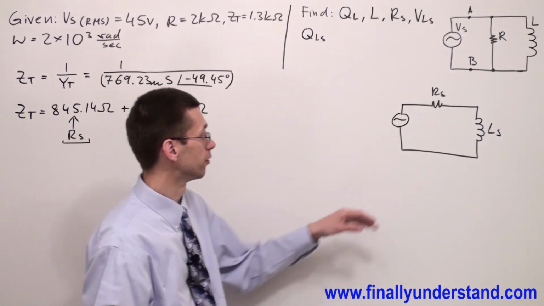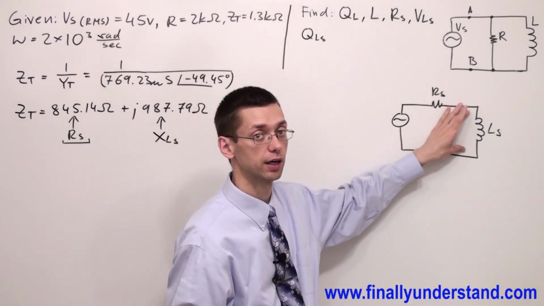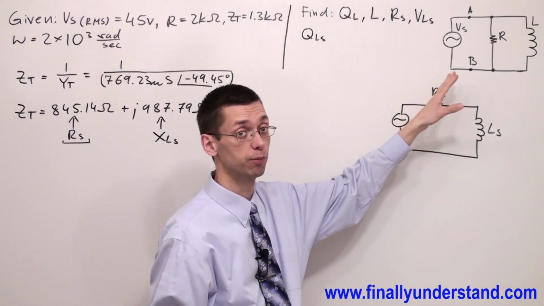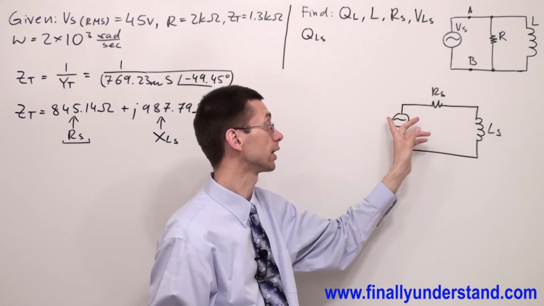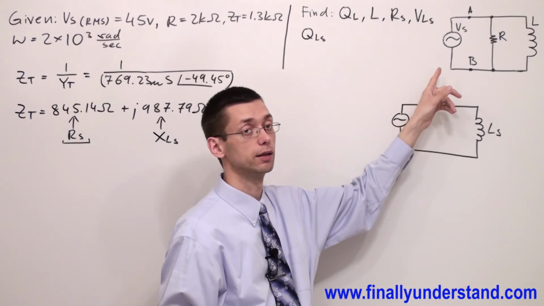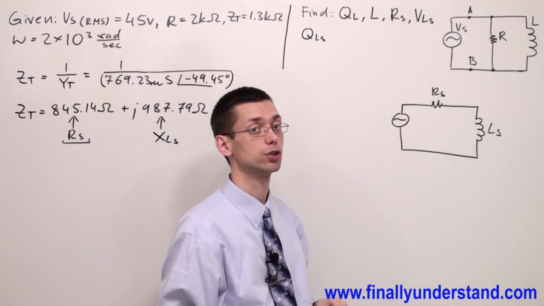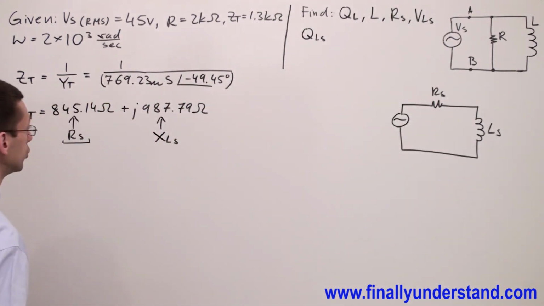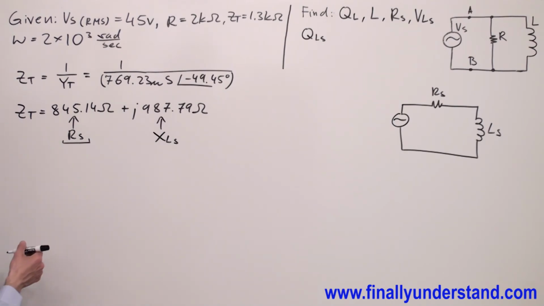I have to find the voltage across this inductor. Please notice that this is the equivalent circuit to my parallel one, so the total current in this circuit is going to be equal to the total current in the parallel circuit. So in order to find VLS, I'm going to use the total current first.